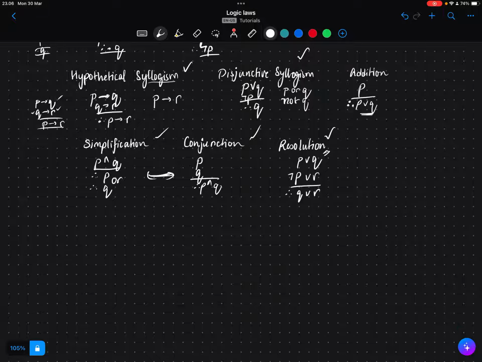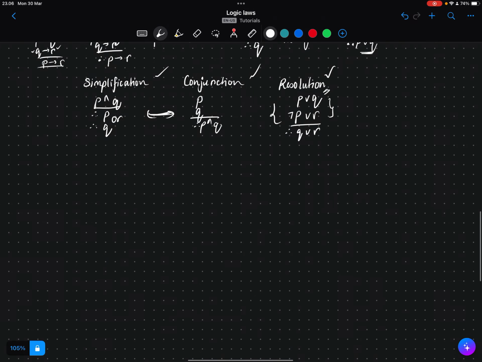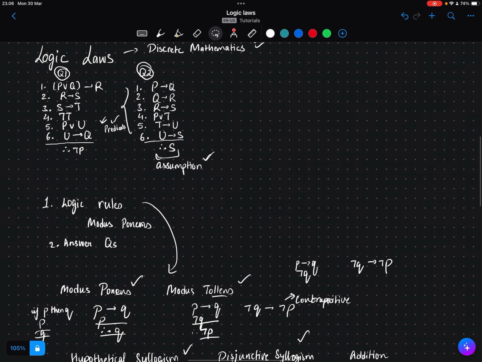P or Q, not P or R, then we can write Q or R, because you can see P and not P. You can memorize the pattern here: you have 1, 2, you have 1 negated, and then you simply take the right hand side of these two elements and write an or in between them. That works. Now I'll show you how I approach logic questions.